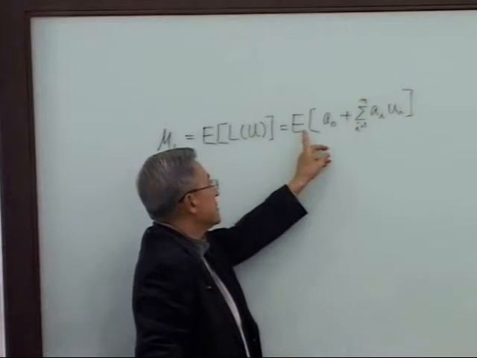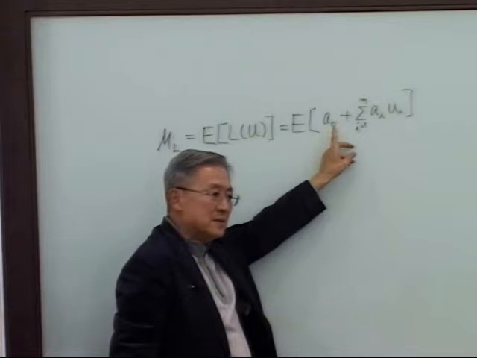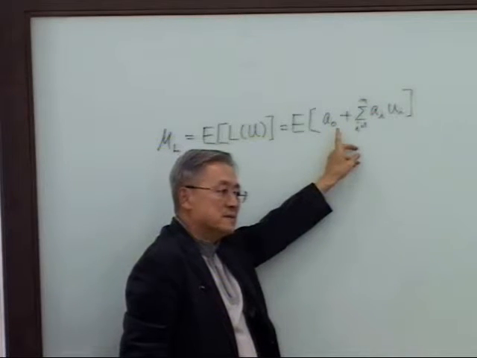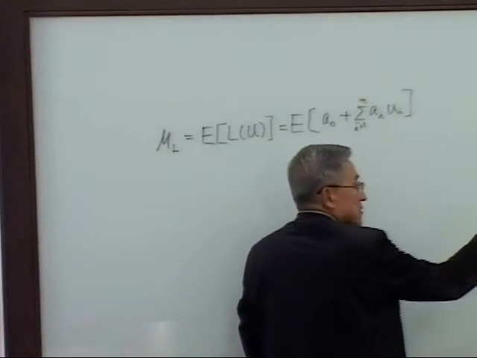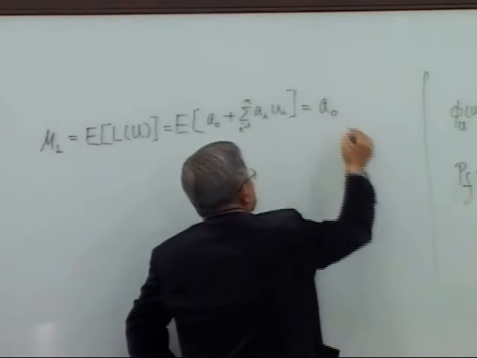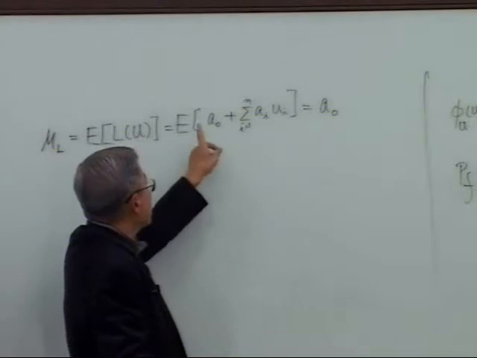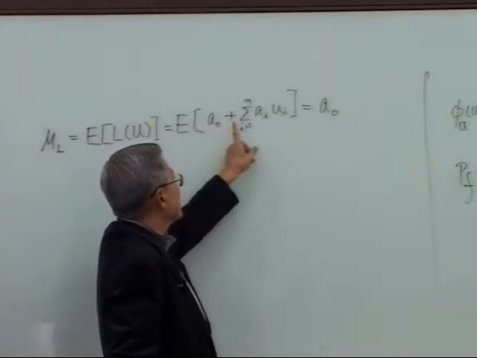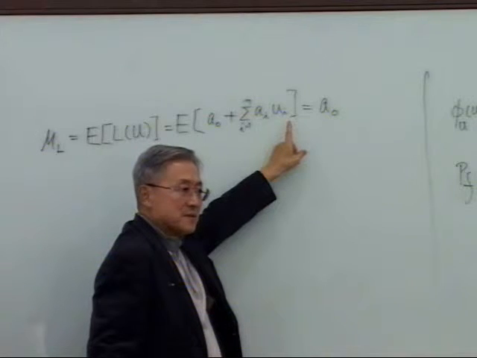If you take the mean of A naught, what's the result? A naught is a constant evaluated right at U star. This is equal to simply A naught. If you apply the mean to the second term, what do you expect?